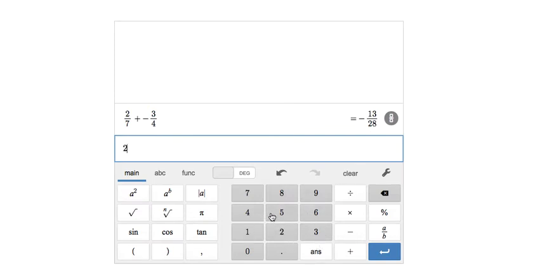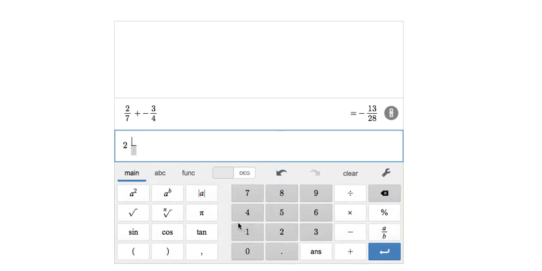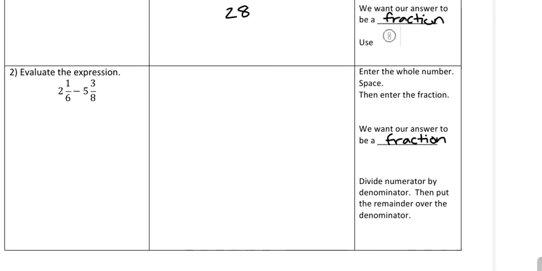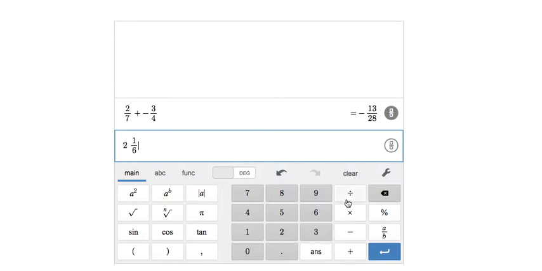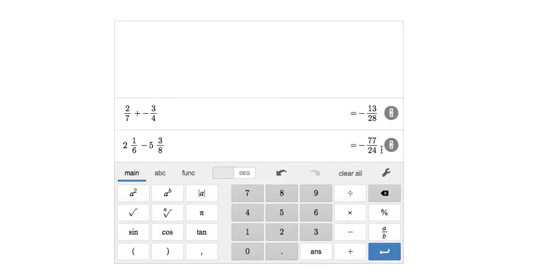I'm actually going to use my keyboard to put a space, and then a fraction, 1/6, and then minus 5, space, and then a fraction, 3 on top, 8 on bottom. And then we can go ahead and make that into a fraction, and I have -77/24.